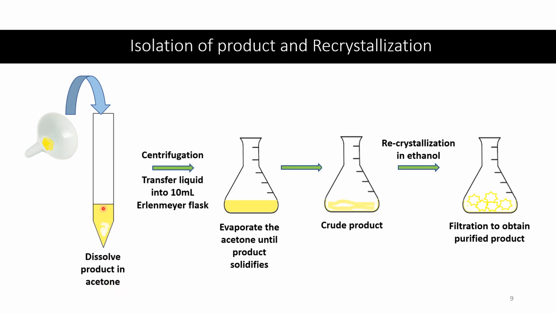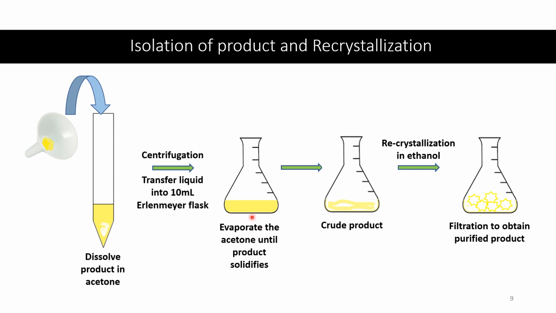The product will dissolve in acetone, but those catalytic compounds will not be soluble in acetone, so it should remain as a solid. By centrifugation, we can pack all that solid to the bottom and then decant the liquid into a 10 ml Erlenmeyer flask.